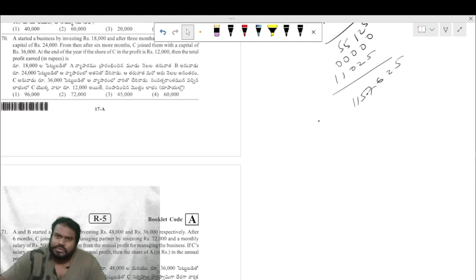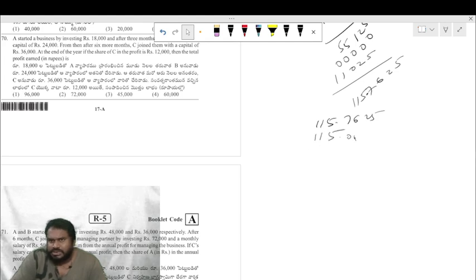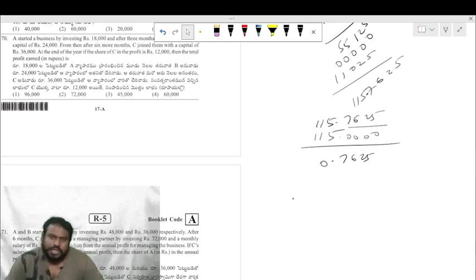So it is becoming how much? 115.7625. So 115 is the percentage for simple interest, and for compound, 7625 is extra. So 0.7625 is the percent you are going to get extra.